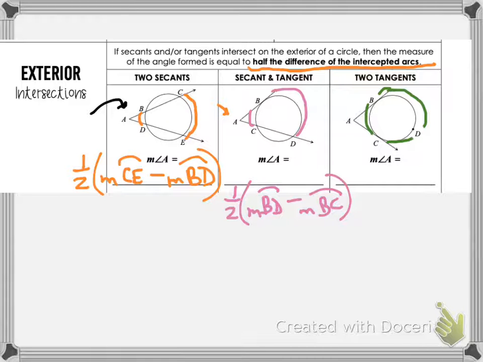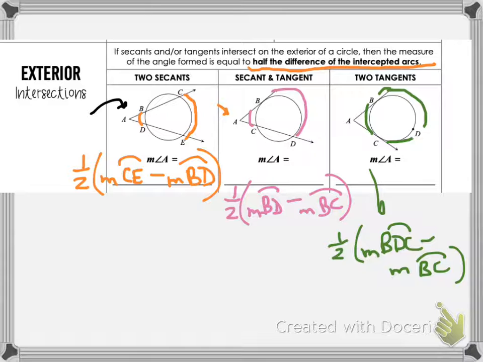So we can't use BC both times. So the major arc, we use 3 letters, BDC. So this would be equal to 1/2 the measure of arc BDC minus the measure of arc BC.